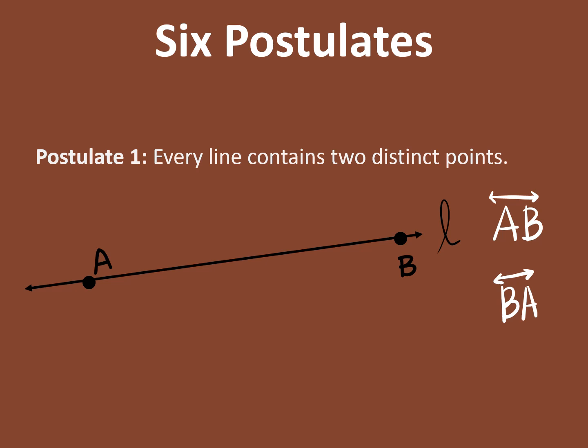The last thing I want to note before we move on to the next postulate is that this line, although I have identified points A and B here, contains infinitely many points. So there are infinitely many points in between A and B on this line. Those points might be integers, so positive or negative whole numbers.